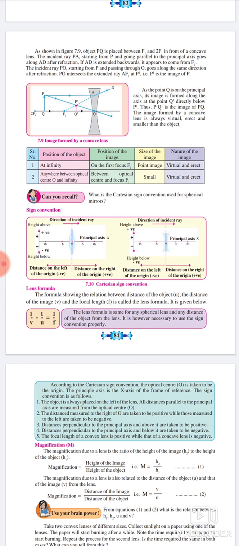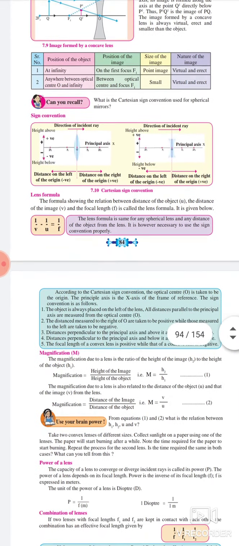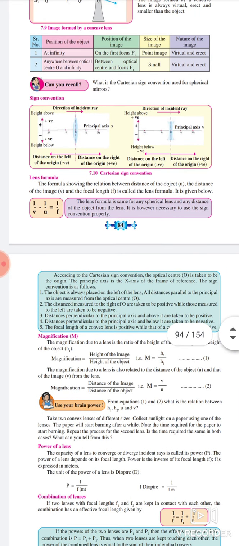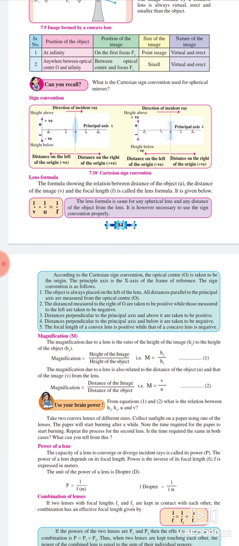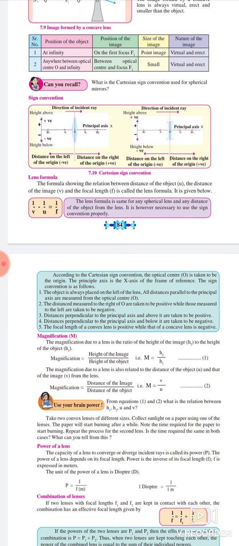Now children, we will see the lens formula. What is the lens formula? The formula shows the relation between the distance of the object u, the distance of the image v, and f, the focal length. The relation between u, v and f is called the lens formula, and it is given below.